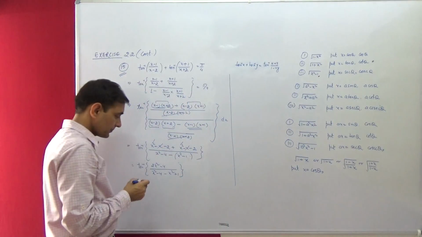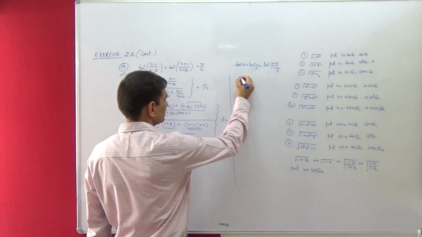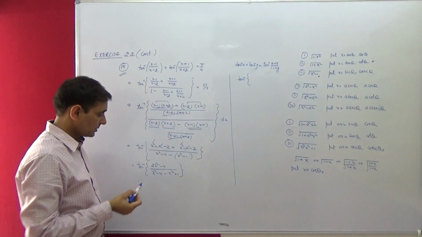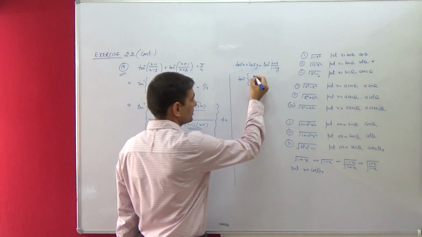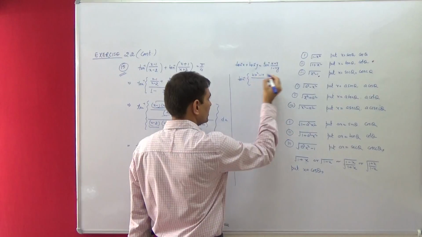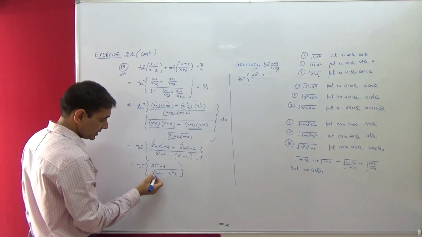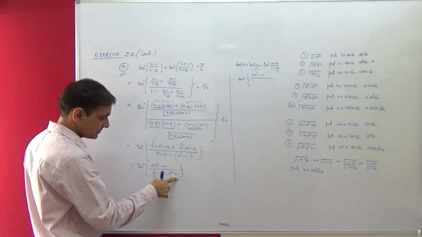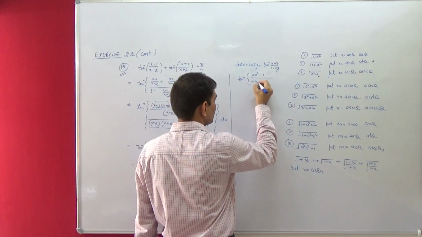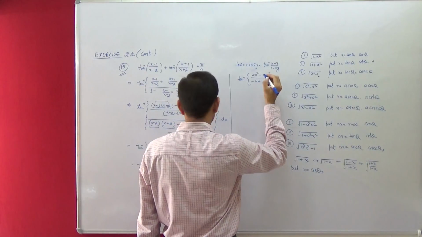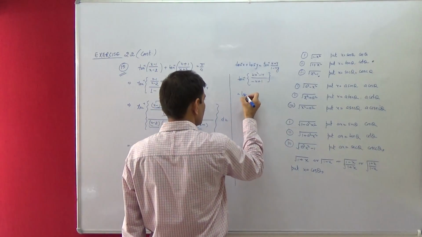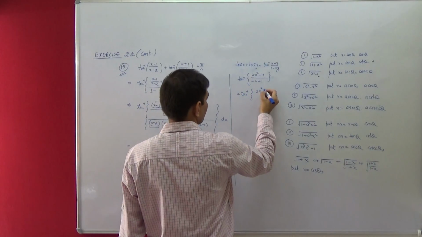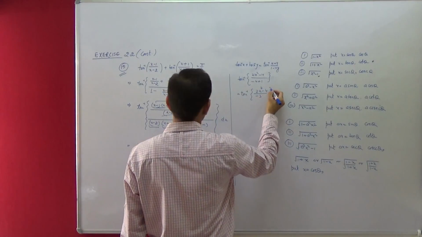So this is tangent inverse of 2x square minus 4 in numerator, and in the denominator x square minus x square will cancel each other, minus 4 plus 1. This is tangent inverse of (2x square minus 4) upon minus 3.